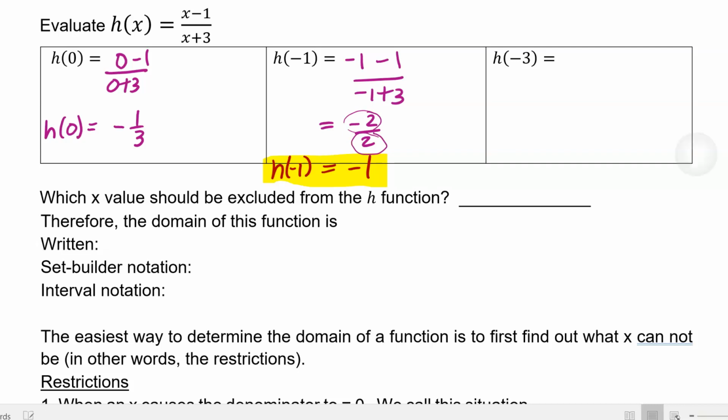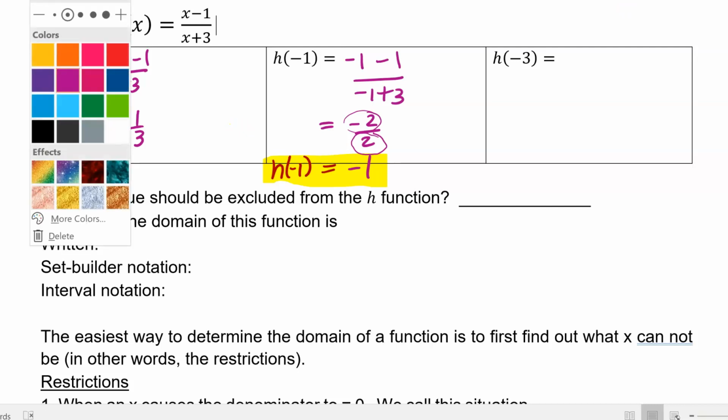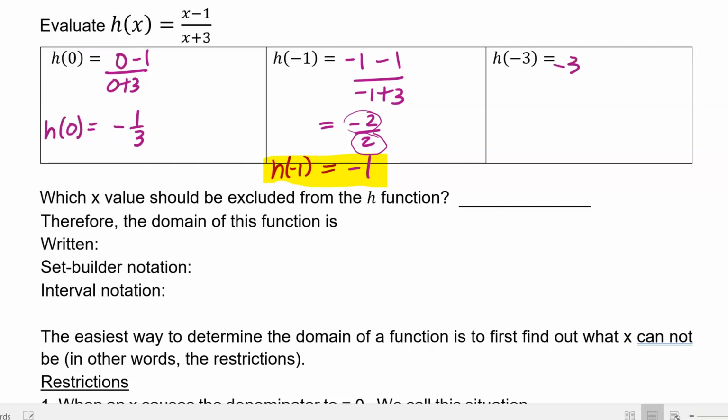If you try h of negative 3, however, here's what's going to happen. You have negative 3 minus 1 over negative 3 plus 3. So h of negative 3, notice, will be negative 4 over 0, which we say is undefined.